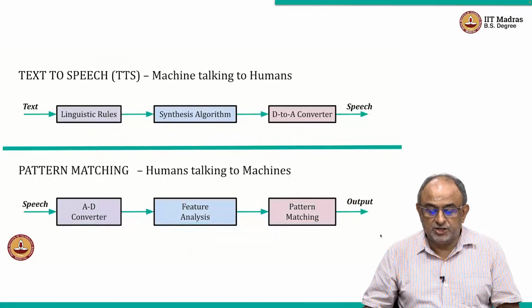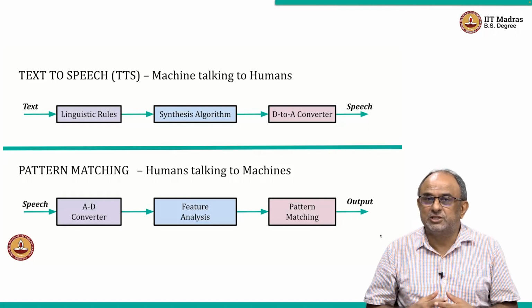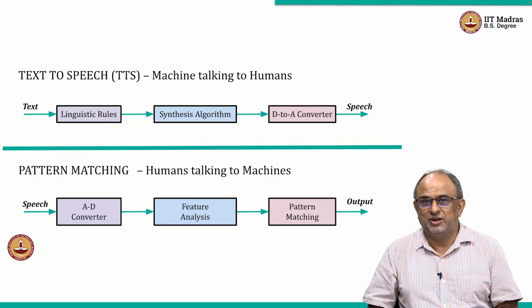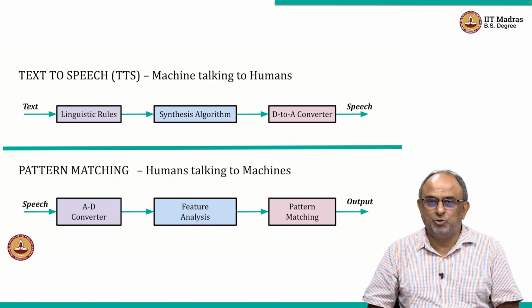Some of the other applications include, one of the grand goals about 100, 150 years back was, can I talk to machines, right? Can machines talk back to me, right? So these are typically two broad applications in today's world also. So one is called text to speech, right?